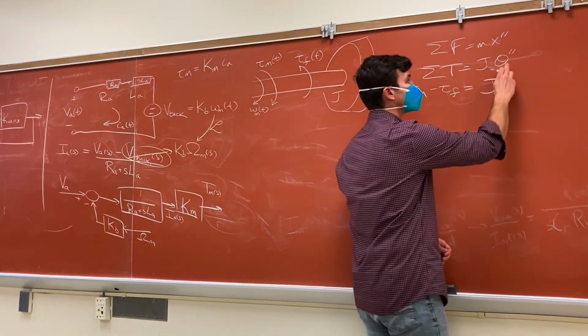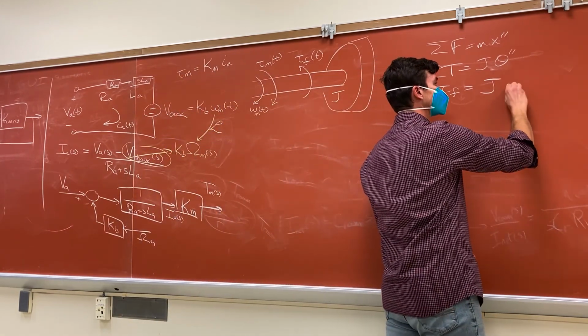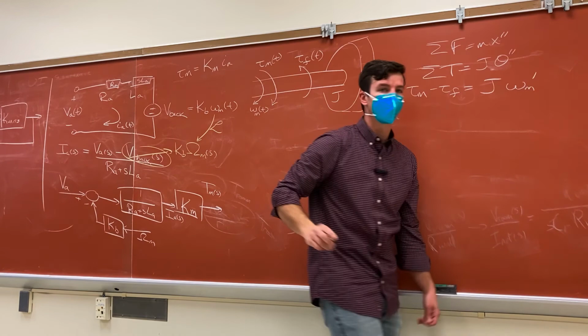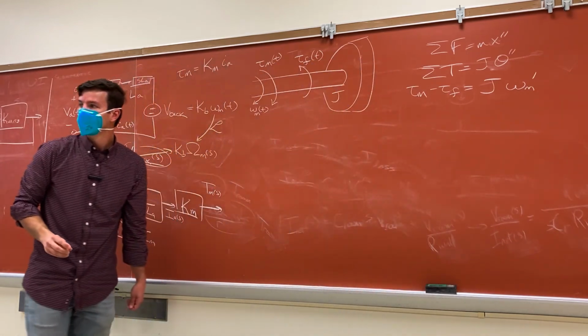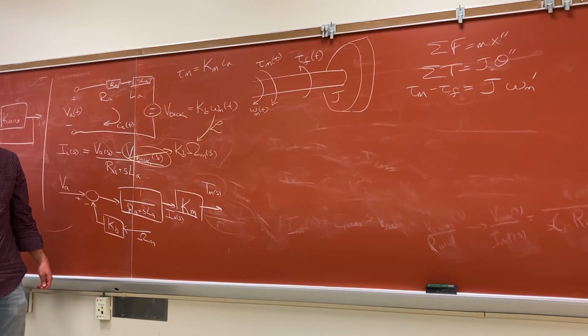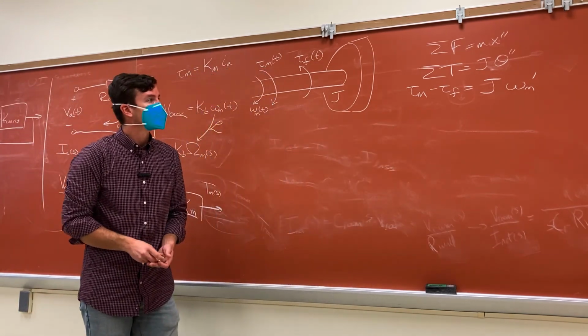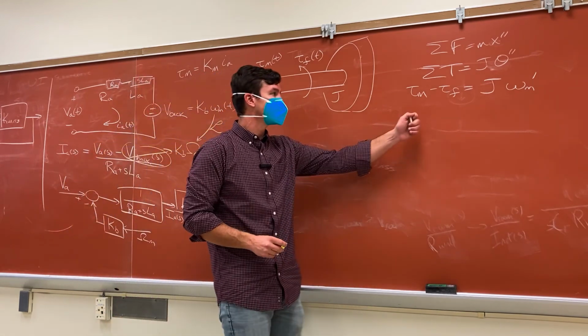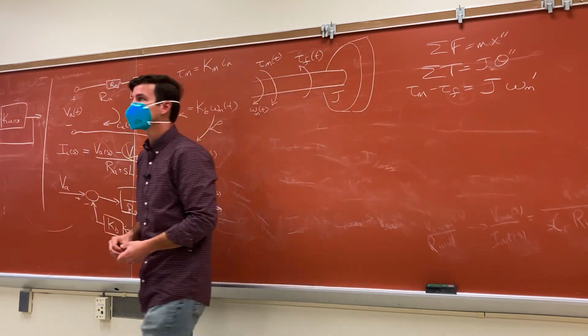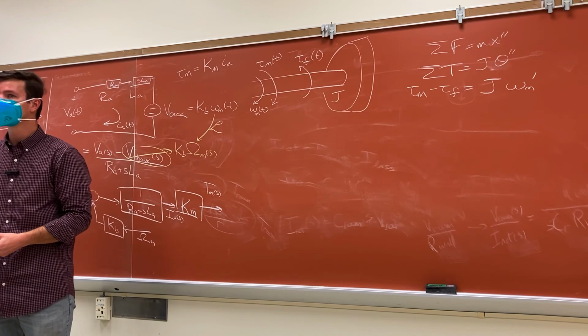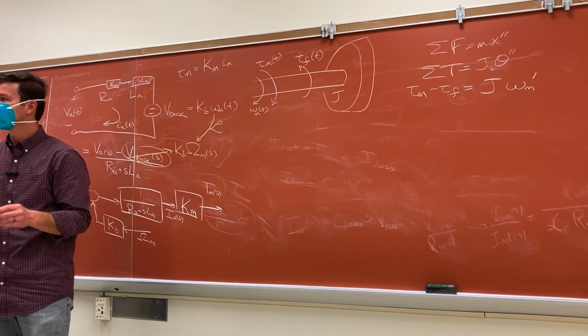And theta double prime is the same as omega single prime. Oh look, a diffie Q. I mean, it is a diffie Q, but I want to sub out the tau f. I want to model the friction as being proportional to speed.